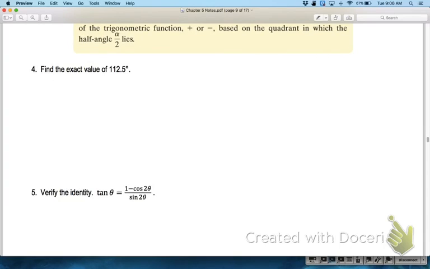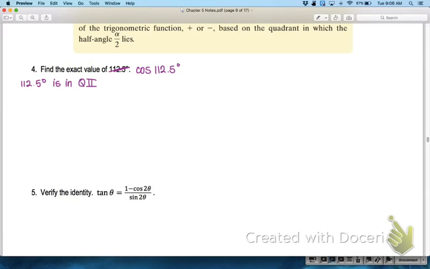All right, I need my little sheet. Here we go. Add this in on your notes because this is pretty much meaningless without it. Find the value of the cosine of 112.5 degrees. 112.5 degrees is in quadrant 2.